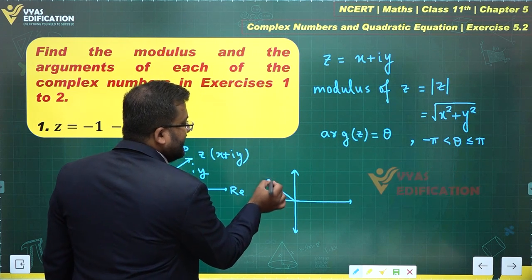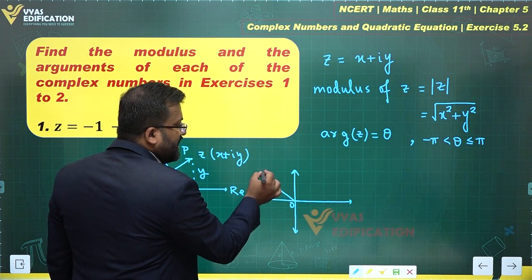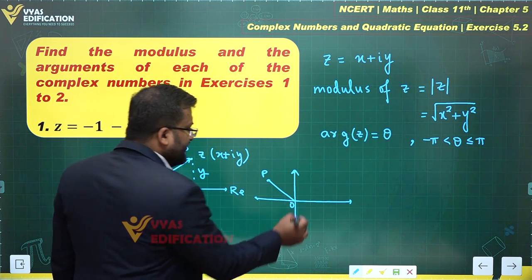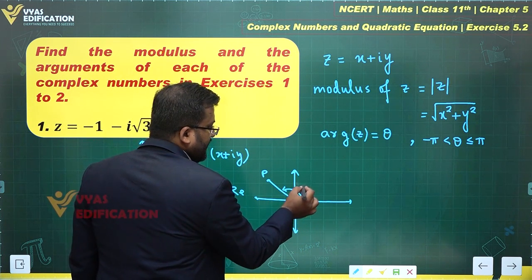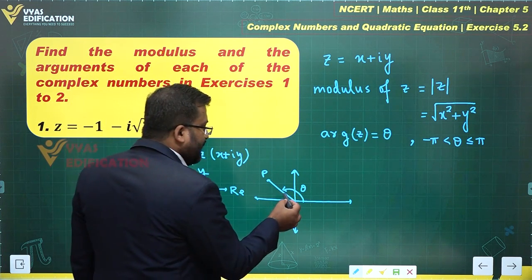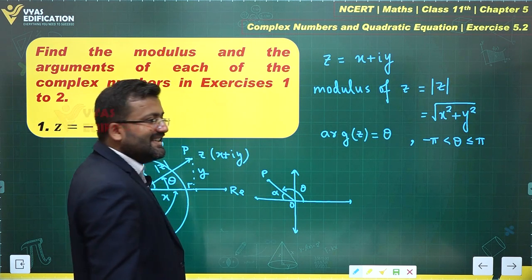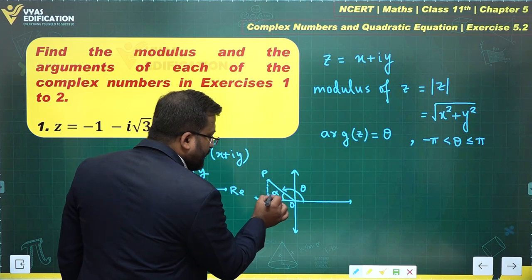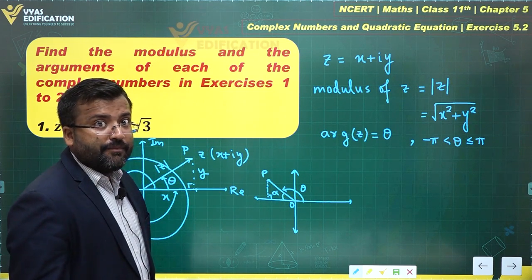If theta lies in this direction, then OP would be actually this, let's say. In this case, theta would be this. Okay, this is the argument of z. How do we find theta? First, we'll easily find this alpha. And how do we find this alpha? This alpha can be easily found with the help of this right angle triangle over here.